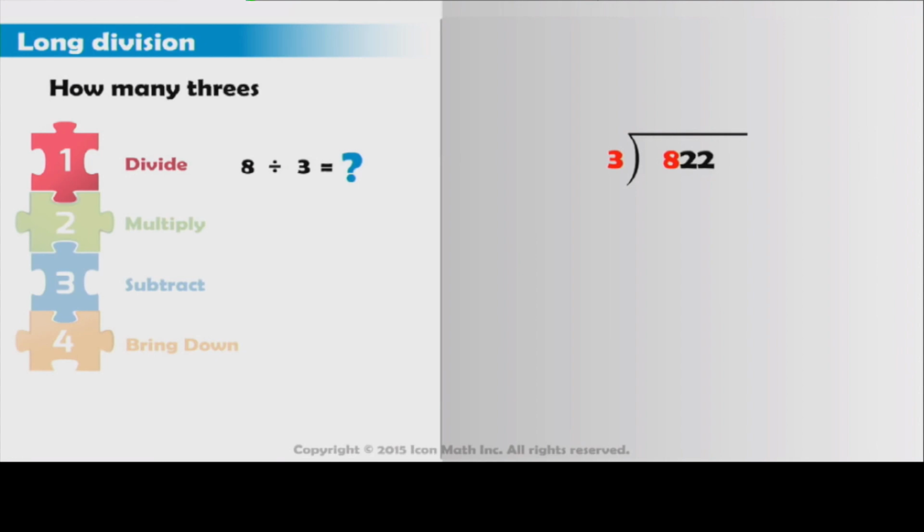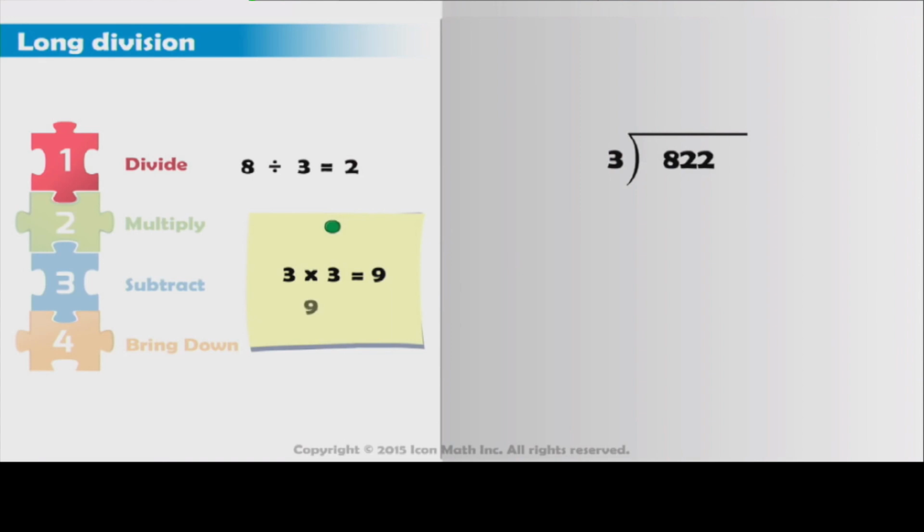How many 3's are in 8? 2. 2 3's are the most number of 3's that fit into 8, because 3 3's is a 9, and that is bigger than 8. So 2 becomes the first digit in our quotient. We write a 2 above the 8 from our dividend.